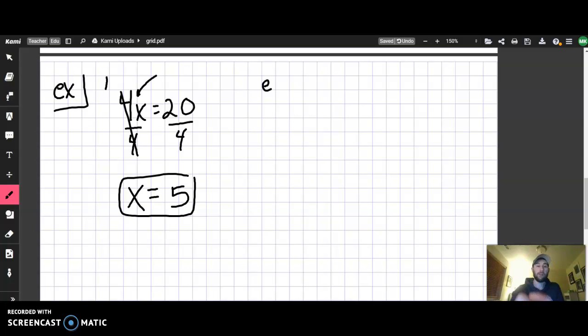Another example here. We have 18 is equal to negative 9n. First, same thing, multiplying between 9 and n. So that multiplication tells us, in order to solve for n, we have to divide. And in this case, we're dividing by negative 9.